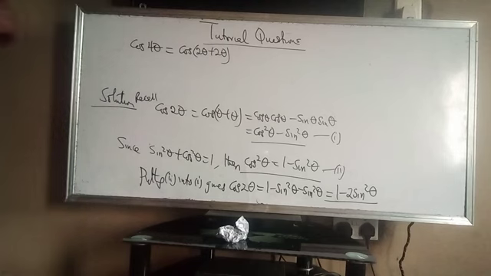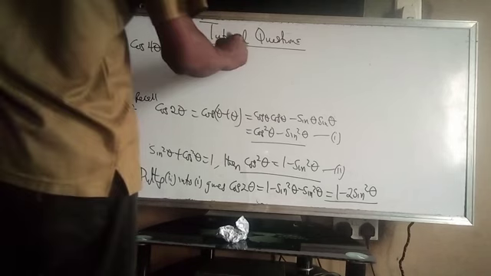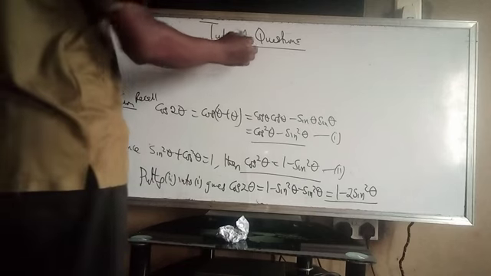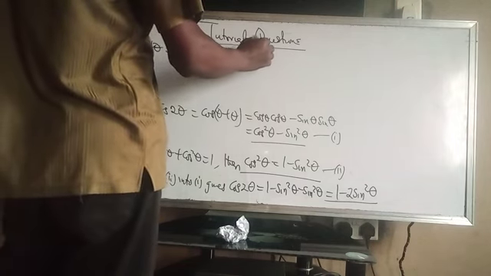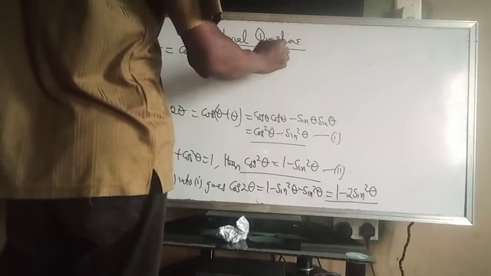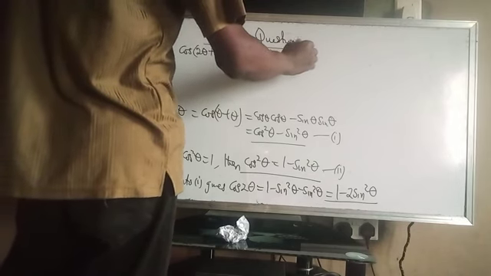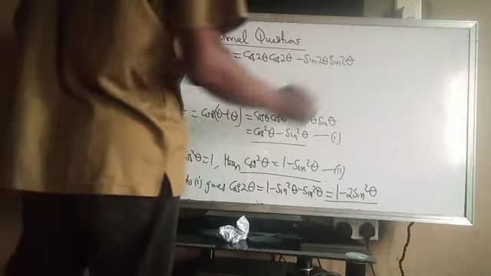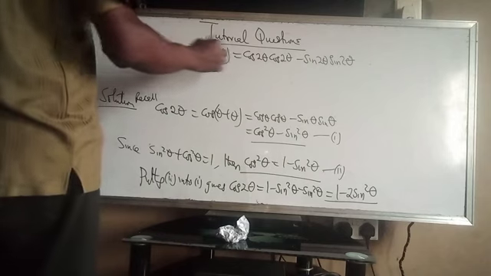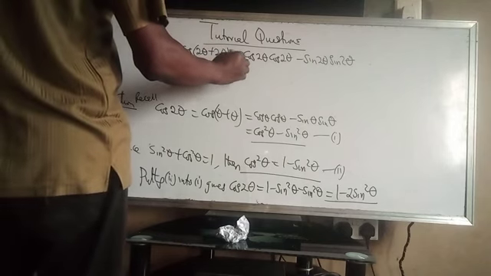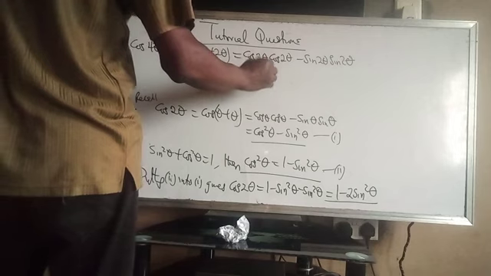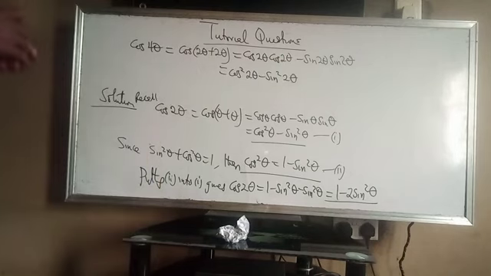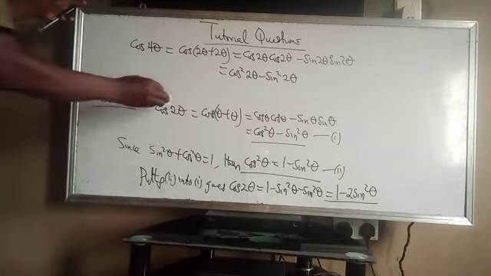Applying the addition formula for cosine, we have cos 2 theta cos 2 theta minus sine 2 theta sine 2 theta. So this means cos square 2 theta minus sine square 2 theta.